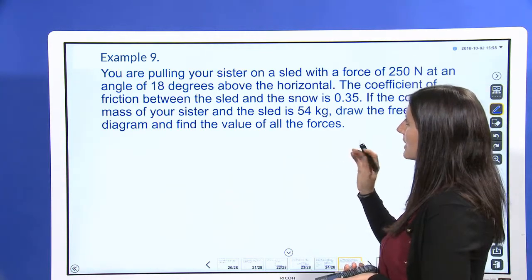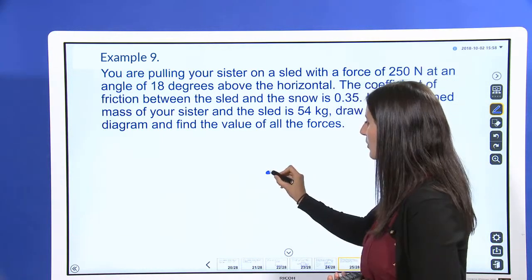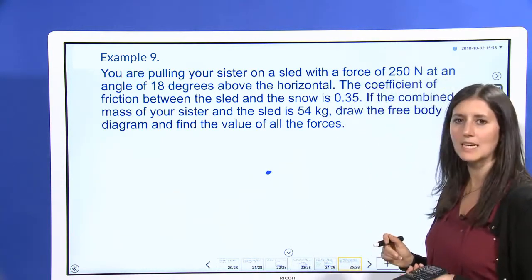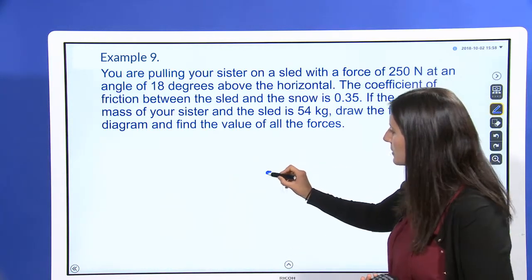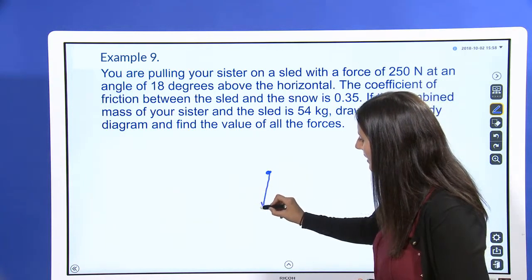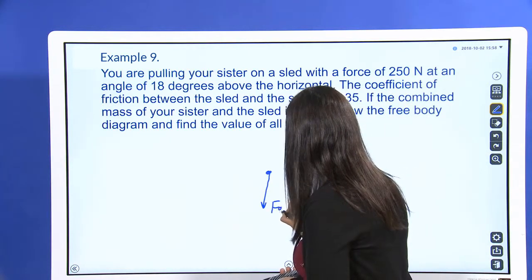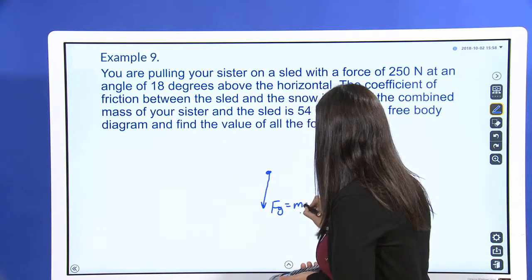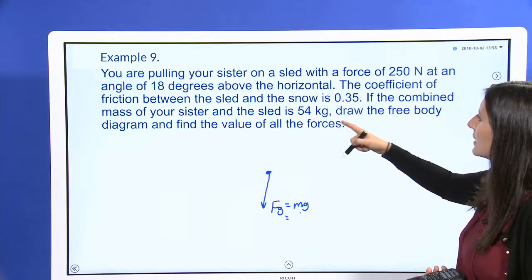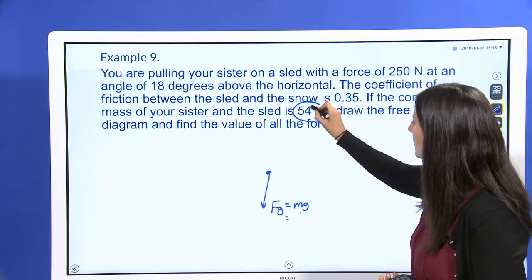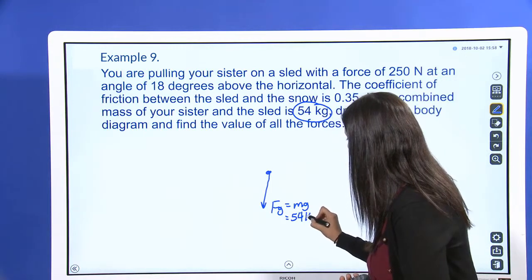So we're starting with my sister and the sled. We're going to represent those two, the sister and the sled, as this dot. Okay. So the first force we always put in is the force of gravity. That one points straight down. And we can calculate it. Fg equals mg. The mass of my sister and the sled is 54 kilograms, so that's my m. 54 kilograms.